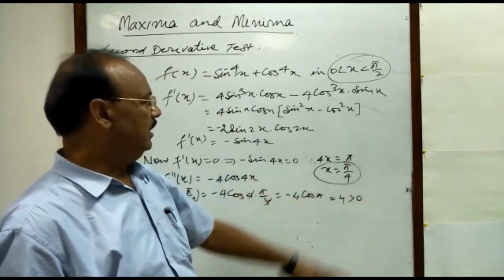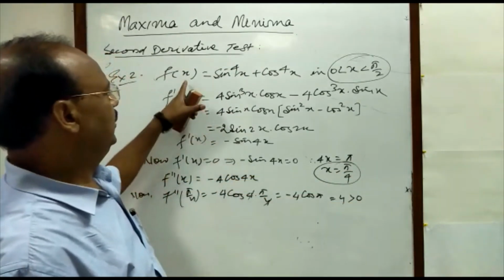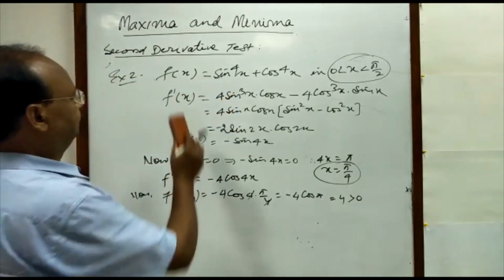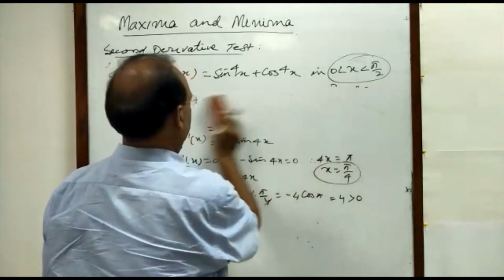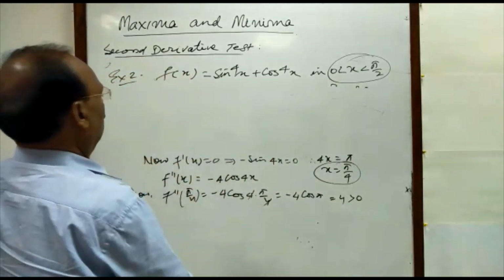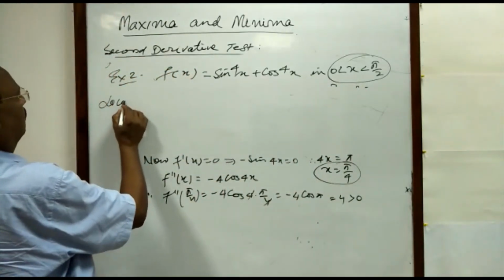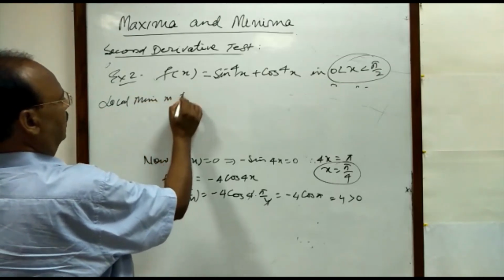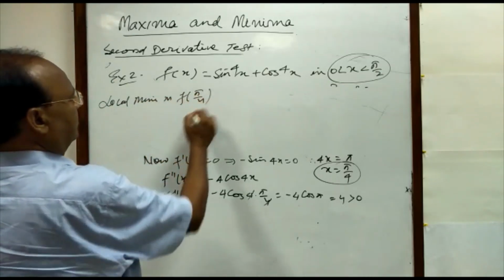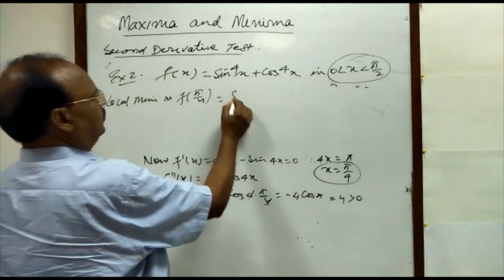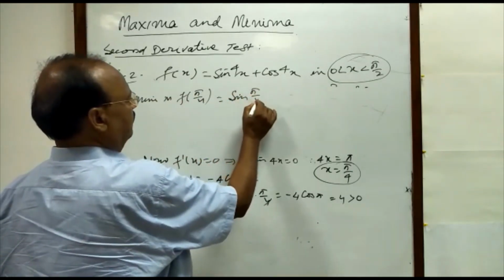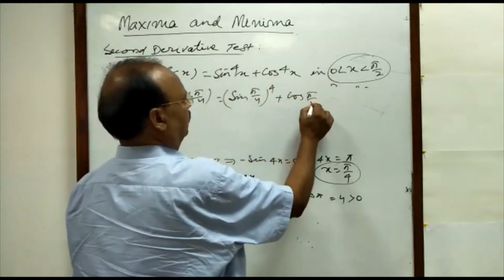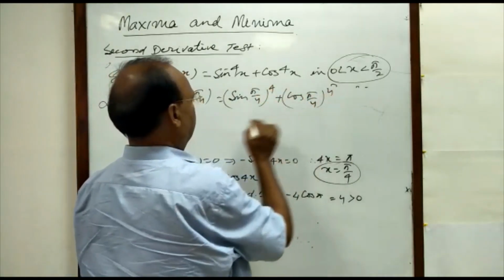And we can get the value of local minima by putting x is equal to pi by 4 here. So here value of local minima is f of pi by 4. So this is equal to sine of pi by 4 power 4 plus cos of pi by 4 power 4.